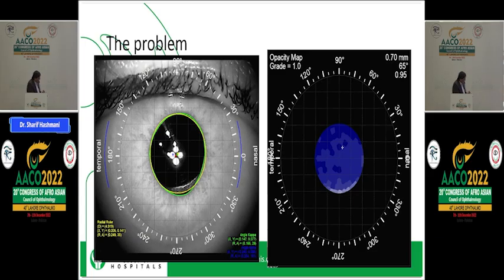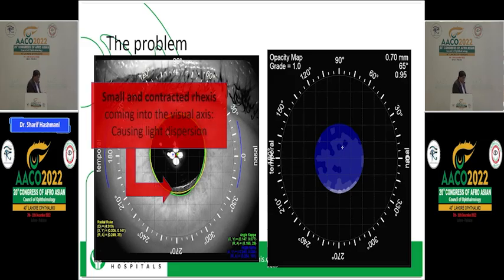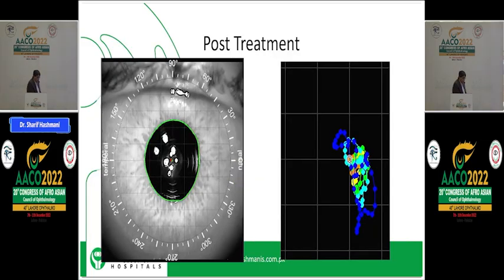This is very minor. We never considered this and never gave any importance to this. But this minor rexus is producing so much glare that he couldn't cross the road. So what I did was YAG laser this.